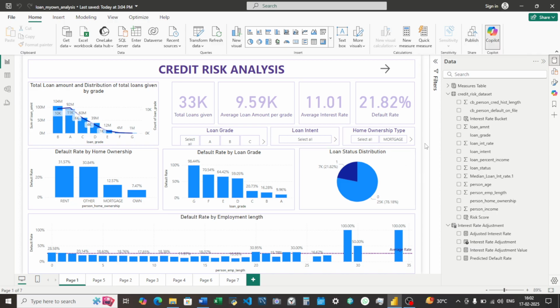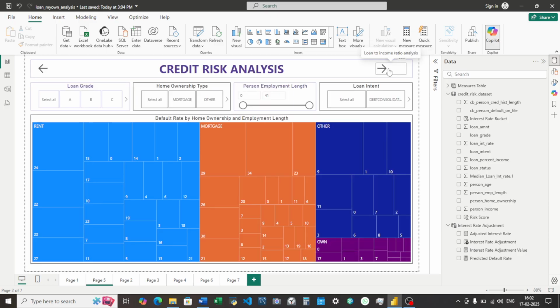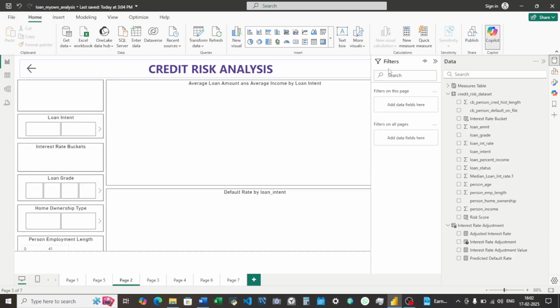And for the interactive option, I have opted for the filters, and for showing more in-depth analysis, I made use of bookmarks. Look over here, you could see for more in-depth analysis, you could press over here and you could see the default rates based on home ownership and employment length, and you could further divide it based on filters too.